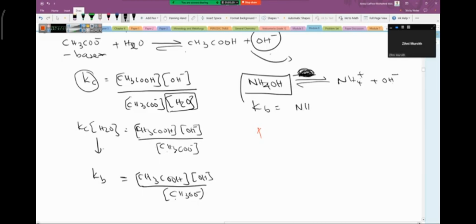Now this can be simply written as NH4 plus OH minus in the numerator, because we have to put the dissociated ions there, and here we have to put NH4OH. The base concentration will come in the denominator. Can you write this now?